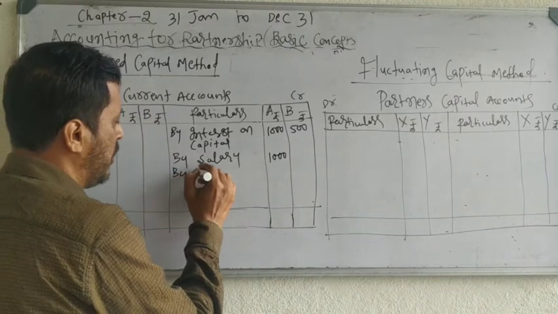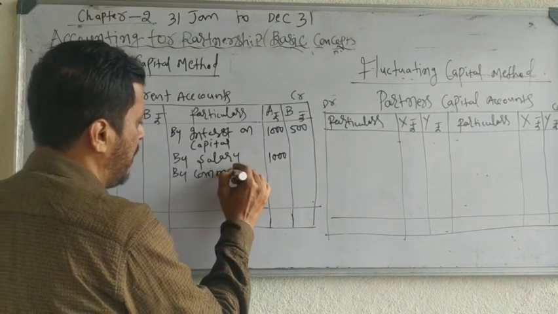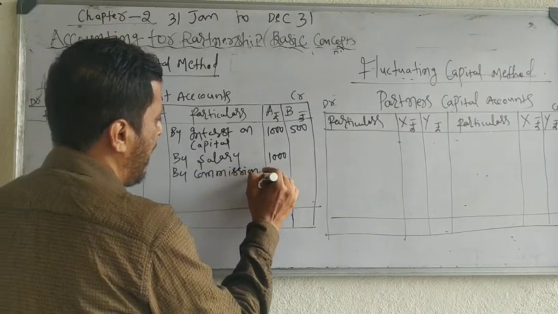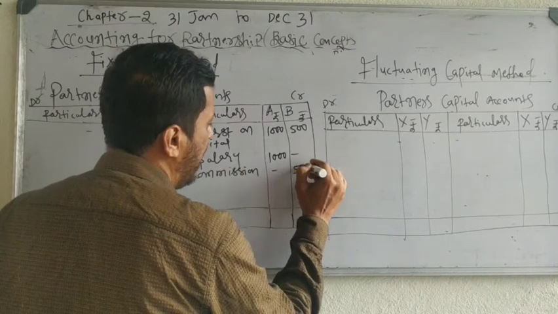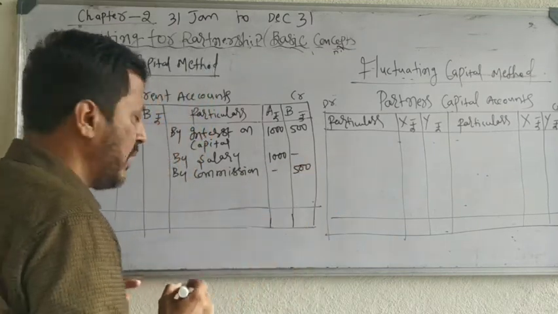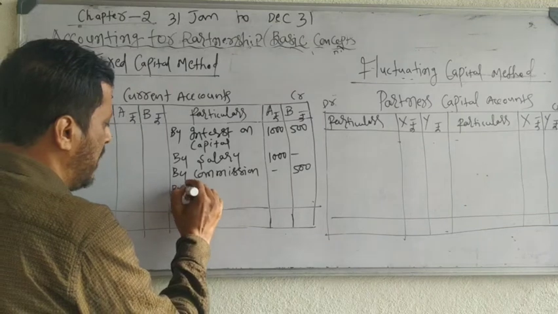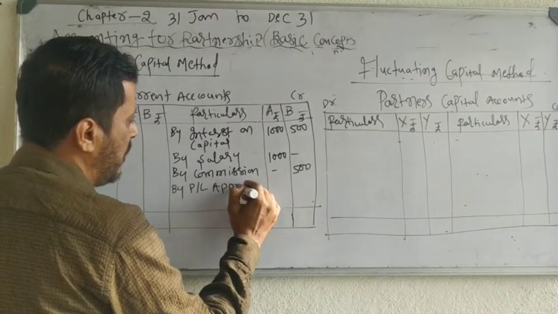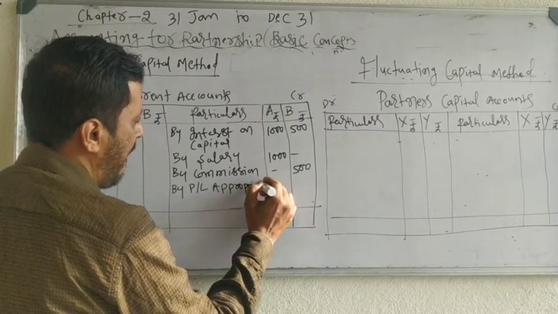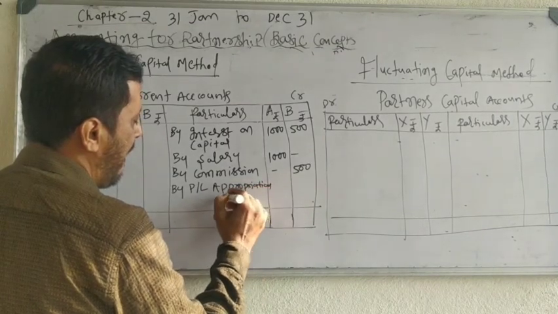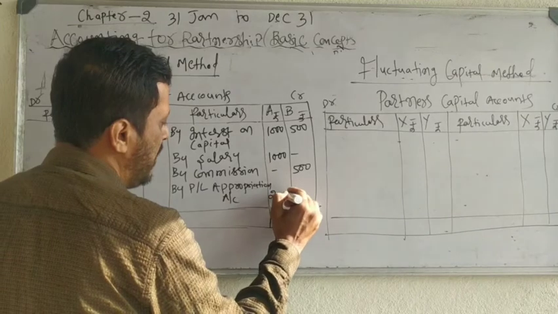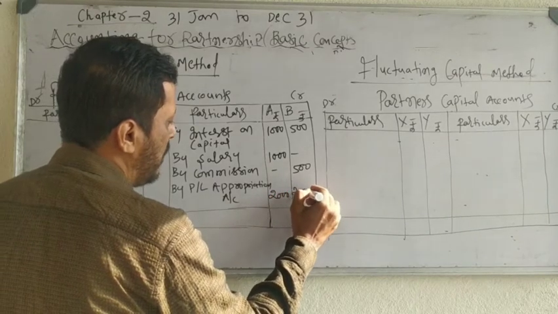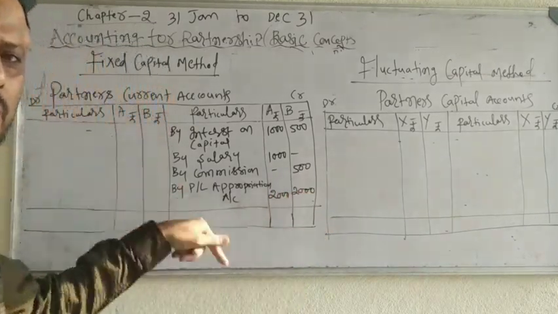Commission: suppose B will get a commission of 500 rupees. Appropriation account balance, profit and loss appropriation account, credit balance, profit. Suppose A 2,000, B 2,000. Four entries on the credit side.